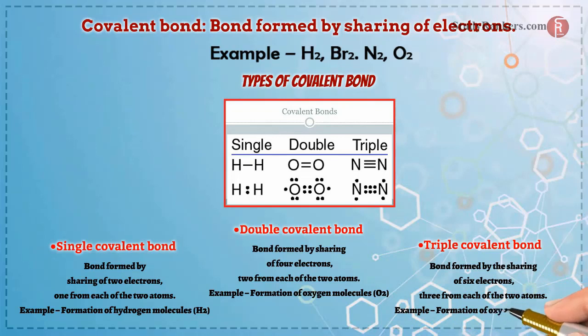Example, formation of nitrogen molecule N2. In the N2 molecule, you can see two nitrogen atoms share 3 electrons each between themselves.